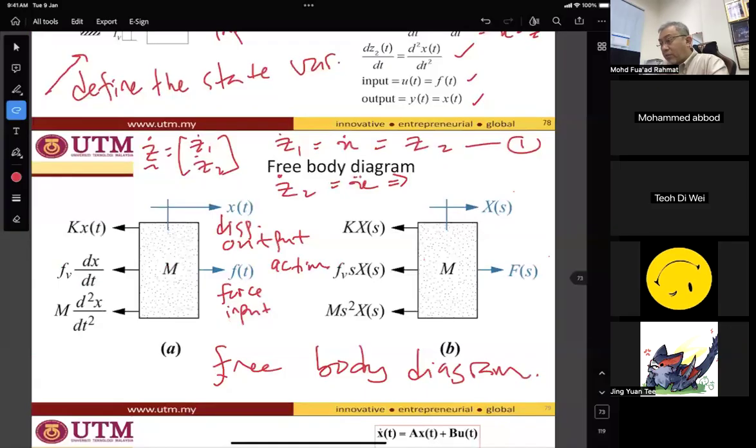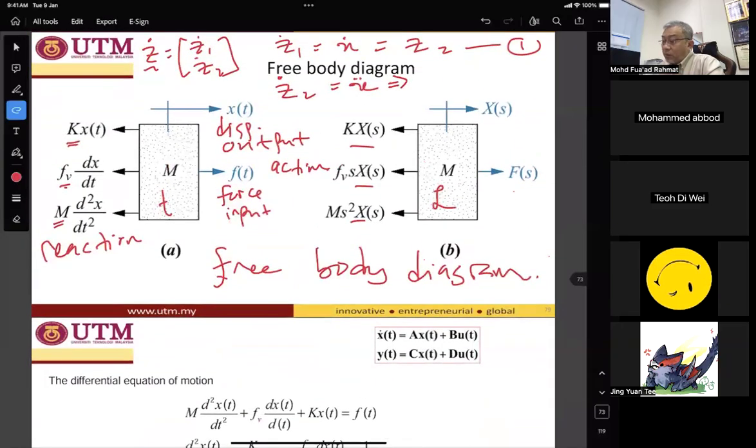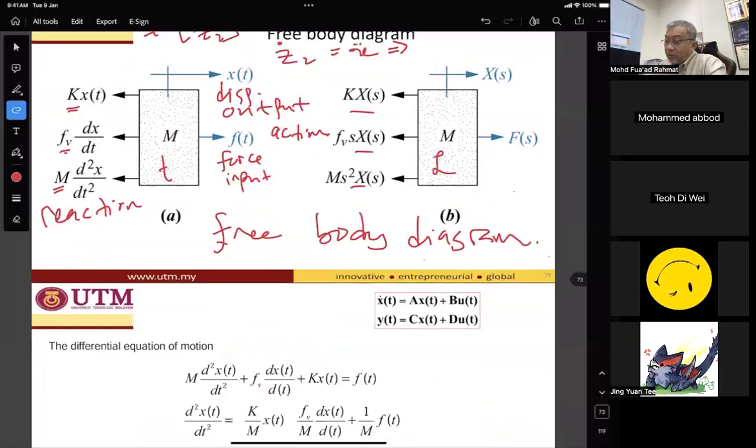And at the same time, there are three forces as a reaction, which are due to the spring K, due to the damper fv, and due to the mass M. Okay, three reaction forces and a single action force. Okay, and this is in the time domain, and the Laplace domain is shown here as we did in chapter 2b.